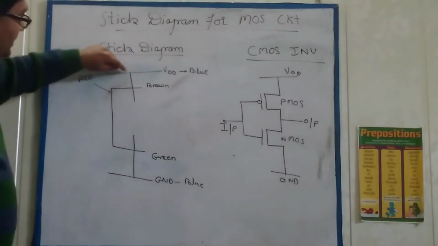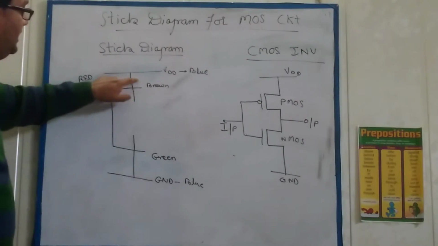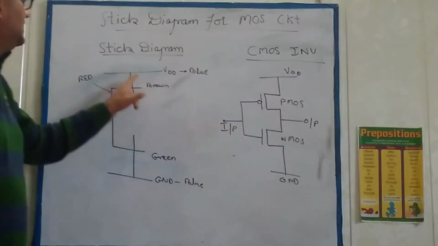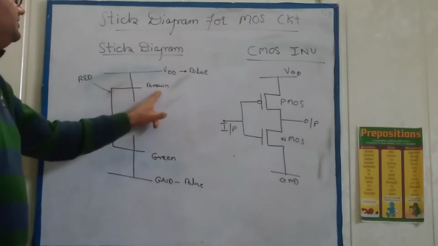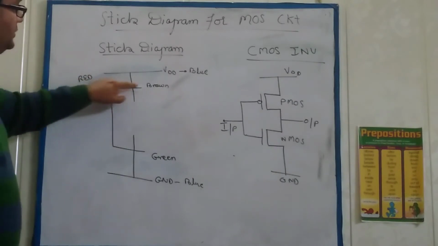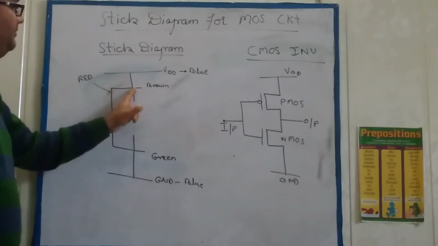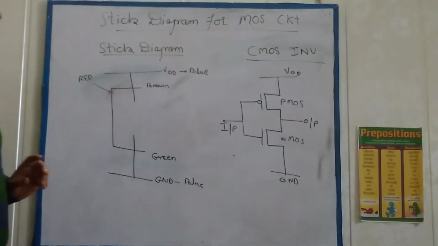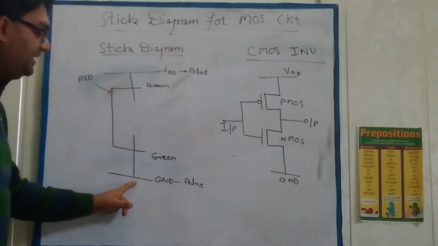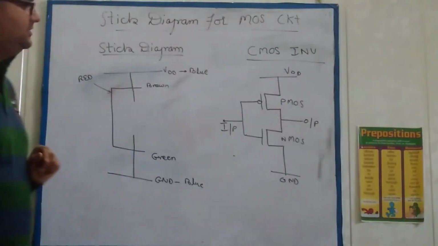Here there is a crossing, polysilicon crosses the diffusion line, so here is a transistor. And which transistor? That is PMOS, because this vertical line is brown and the horizontal crossing is red. So the red line crossing the brown line means a PMOS transistor. On the lower side, the red line crosses the green line, which means the transistor is NMOS, right?